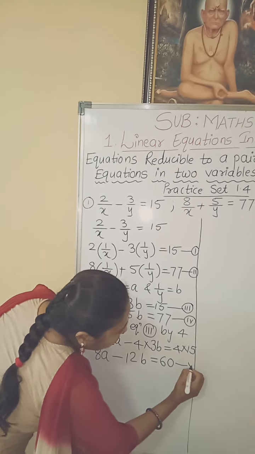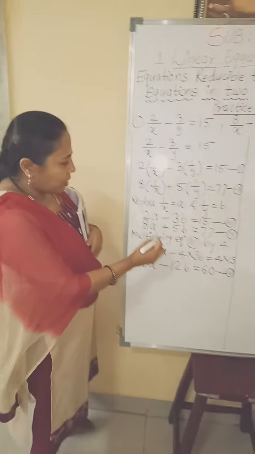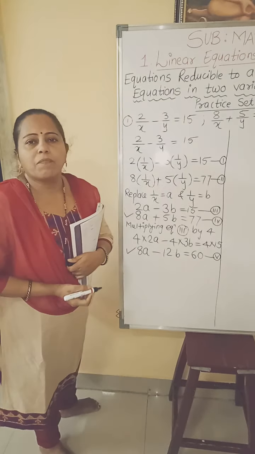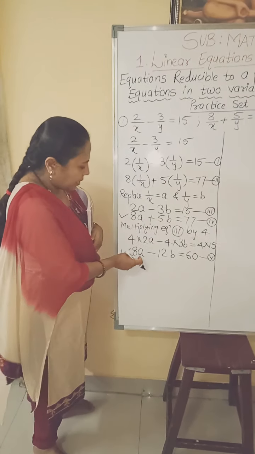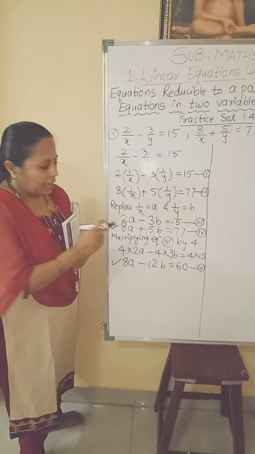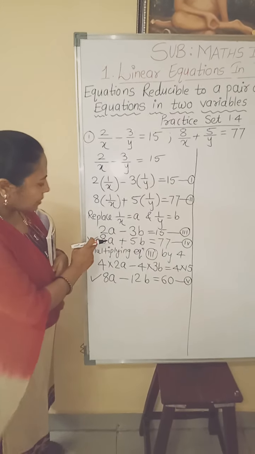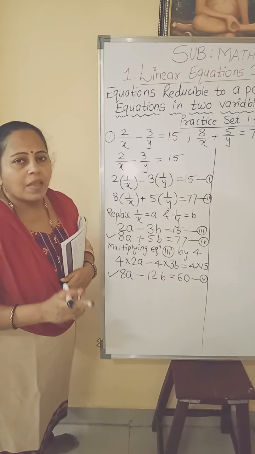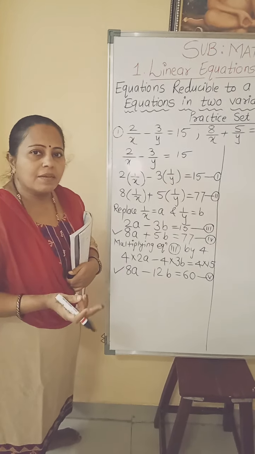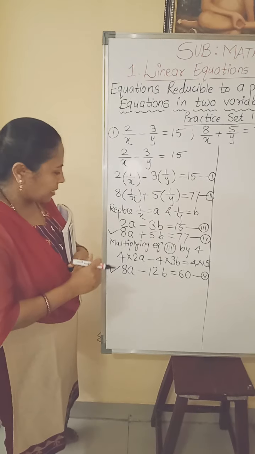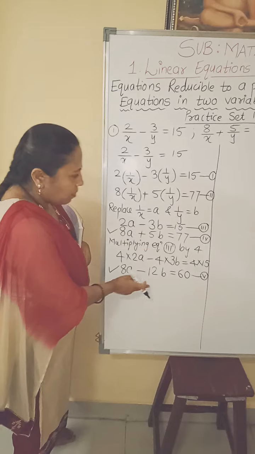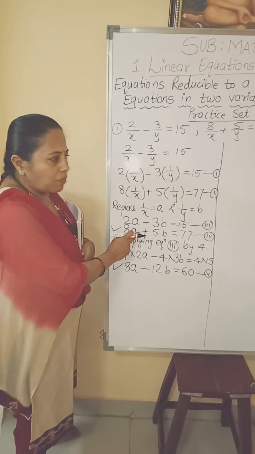This is our new equation number 5. Now we will use equation number 4 and equation number 5 to eliminate variable a. In both the equations, the 8a term has a positive sign. So when they have the same sign, we have to subtract the equations. So we will subtract equation 5 from equation 4.